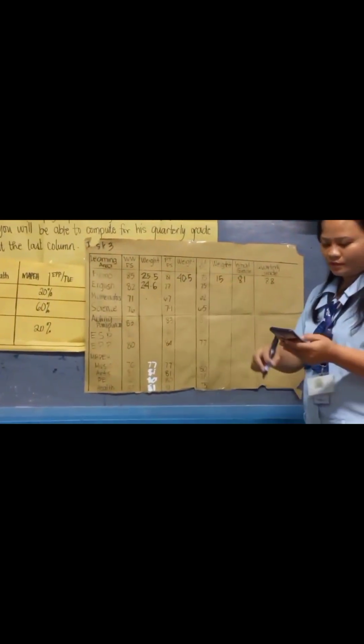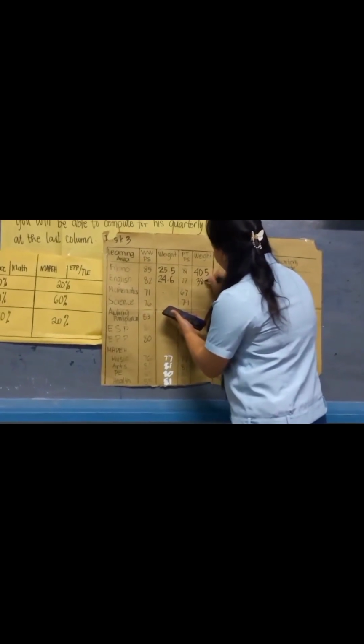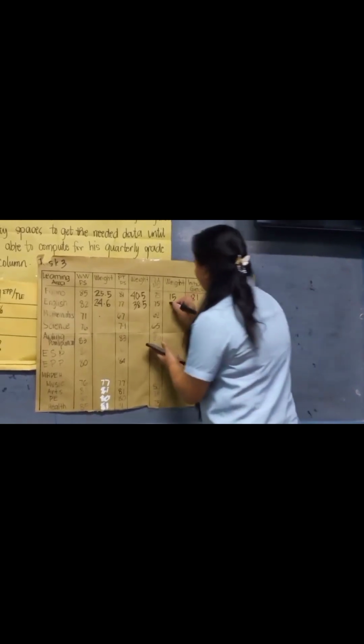And then for performance task, we have 50%. So 77 times 50% is 38.5. Then the quarterly assessment is 20%. We're going to multiply that by 75. 75 times 0.20 is 15.